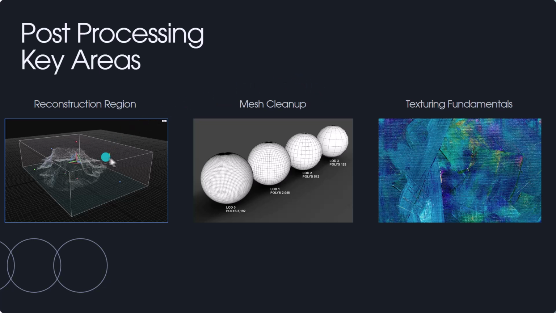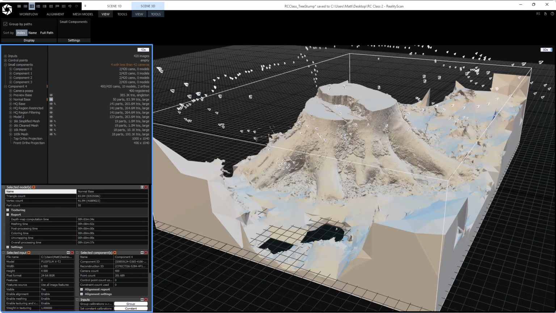Well, you can shrink the reconstruction region, which will make it so that it only calculates what's in the reconstruction region. So if you shrink it to a smaller area, it will only construct what's in that region. It makes it very, very nice.